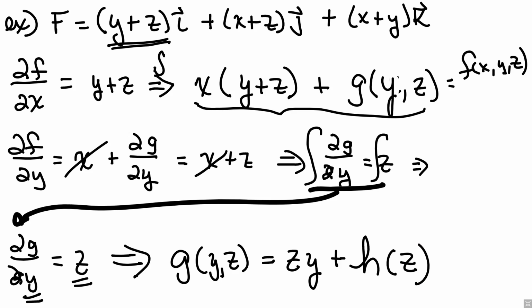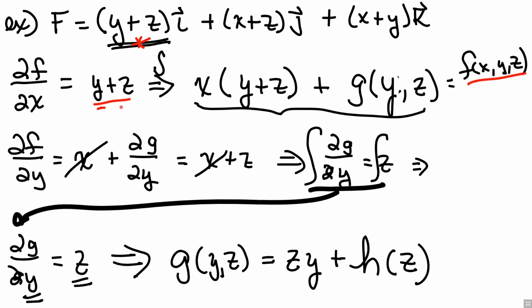Okay? So, before I move on, let me go back and explain everything again. The way this works is we start with the first component. We said that the partial of f with respect to x is equal to that first component. When we integrate this, it's going to create a function of y and z.